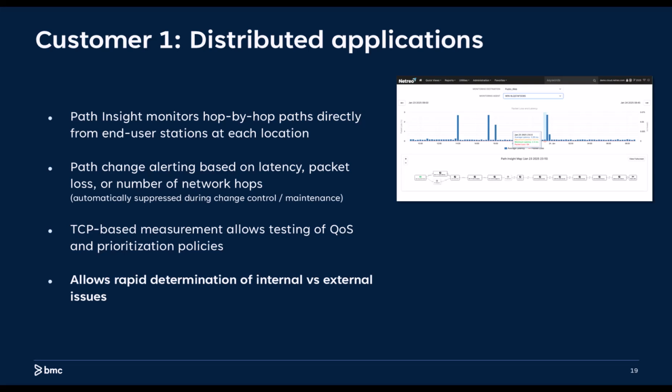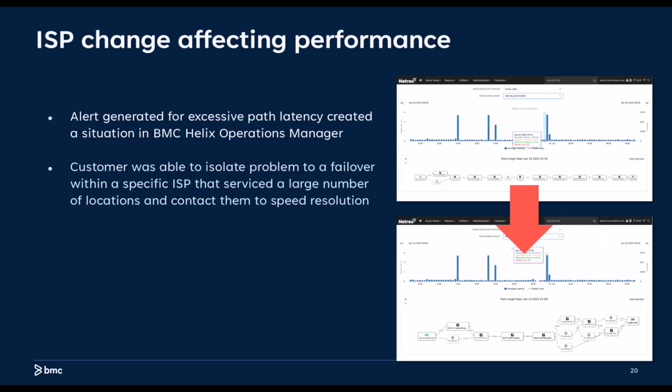So they were able to go to the ISP and escalate those problems to try to get that resolution sped up and get that problem fixed faster, because they were able to quickly identify this is not inside our network. We don't have to waste any time troubleshooting on any of these devices. We can go straight to the ISP and pressure them to fix that problem faster and tell our users, we understand that there's a delay. We're working on the problem with our providers.